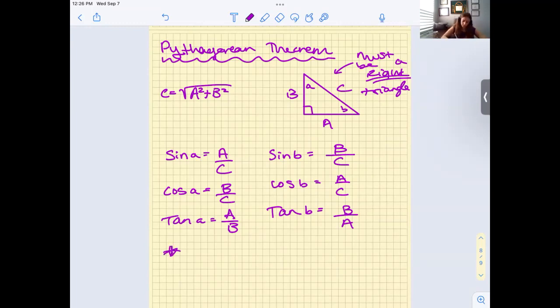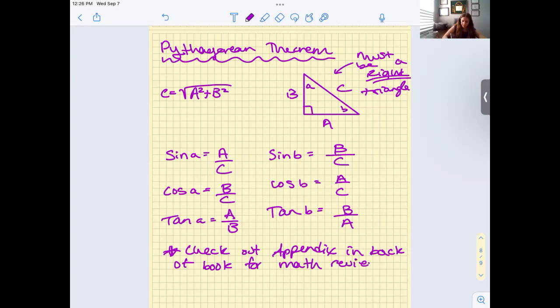You can write down that you should check out the appendix in the back of the book for math review if you feel like you need it. I'll even give you the pages, 616 through 619. That gives you some trig review. Up to you to do that.